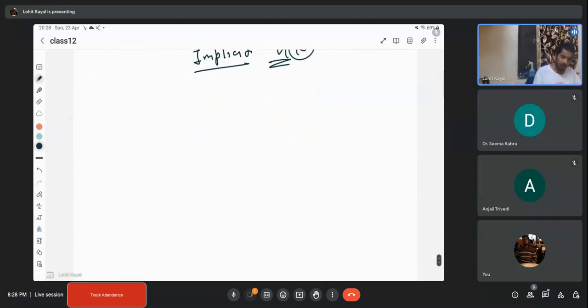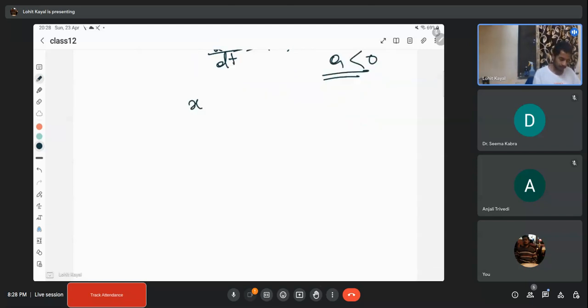So let us take a very simple example problem. This is dx dt equal to a x, with x0 equal to x naught and a is less than 0. We all know the analytical solution. Let us define the analytical solution by x star. x star equal to e to the power a t times x0. So it will be a decaying exponential function as a is less than 0.